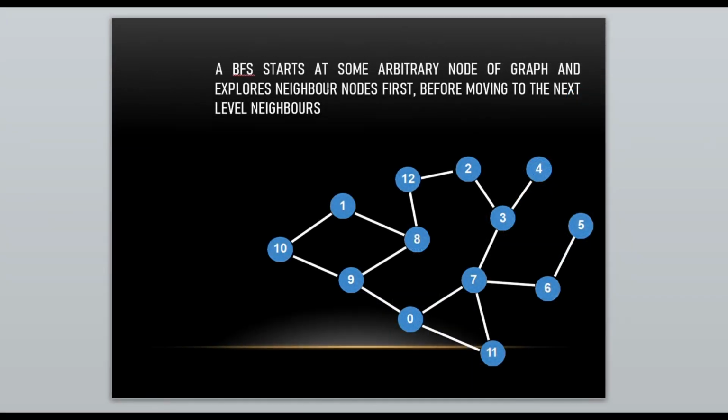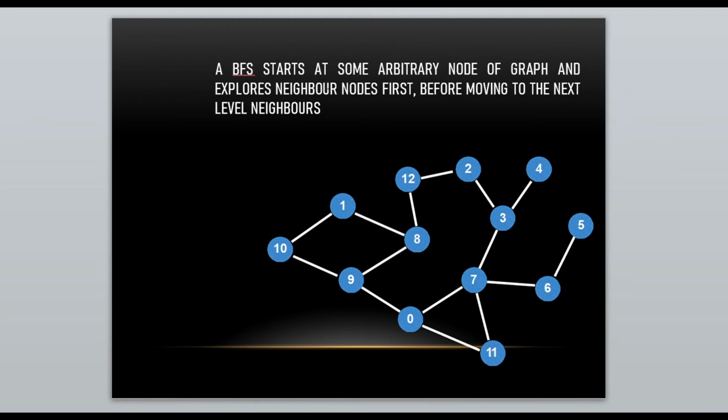Let's see an example of breadth first search. As we know, a BFS starts at some arbitrary node of the graph that we can call the source node and explores neighbor nodes first before moving to the next level neighbors. In a sense, a breadth first search explores nodes layer-wise.